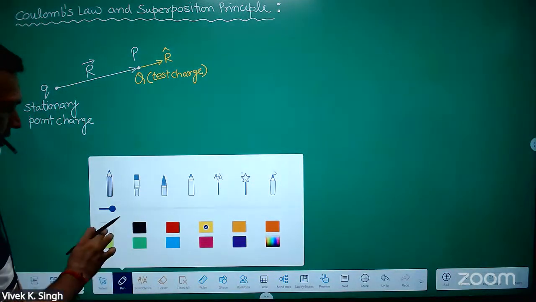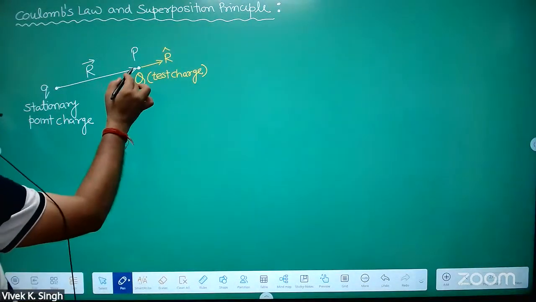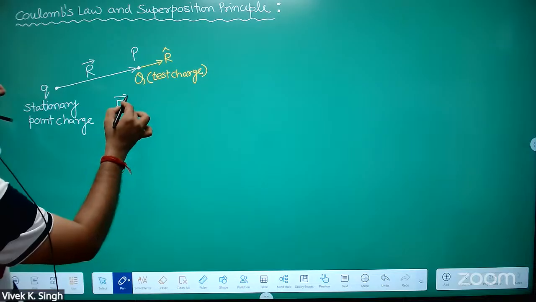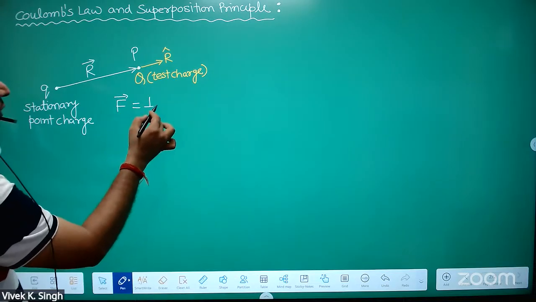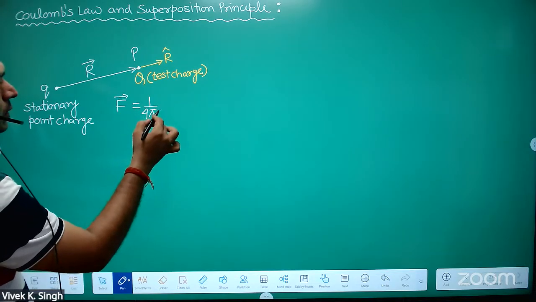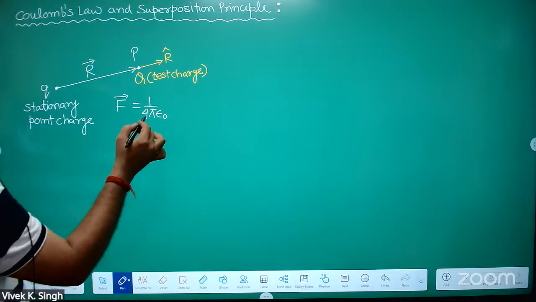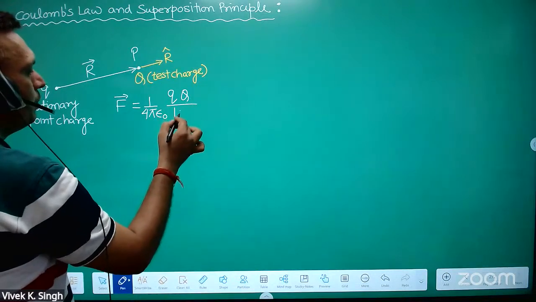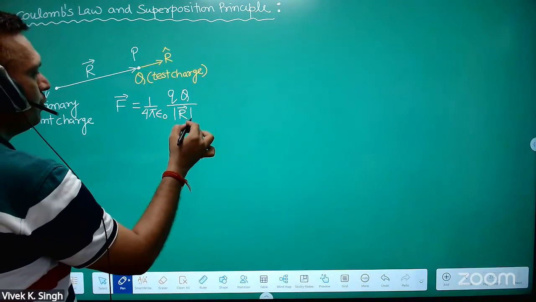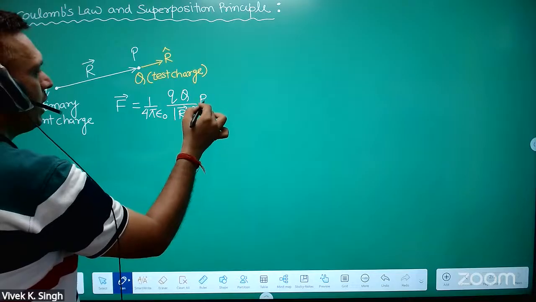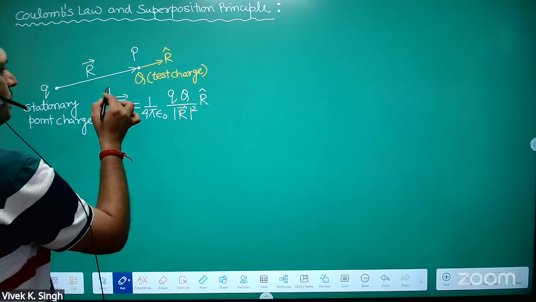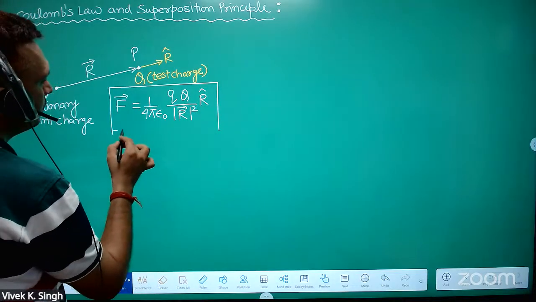So the test charge will experience force in this direction, and that force is given by 1 by 4 pi epsilon naught Q q by mod r square. This gives you the magnitude and the direction will be r cap. This is the force experienced by test charge q.